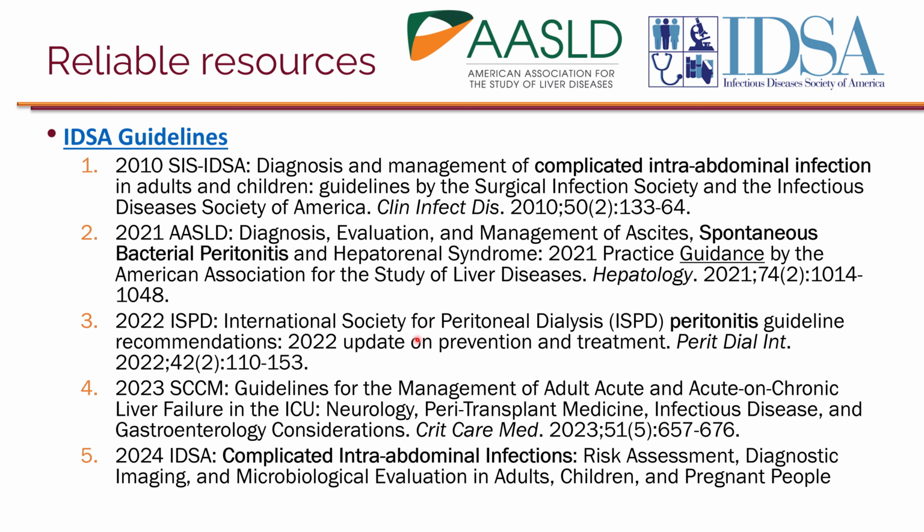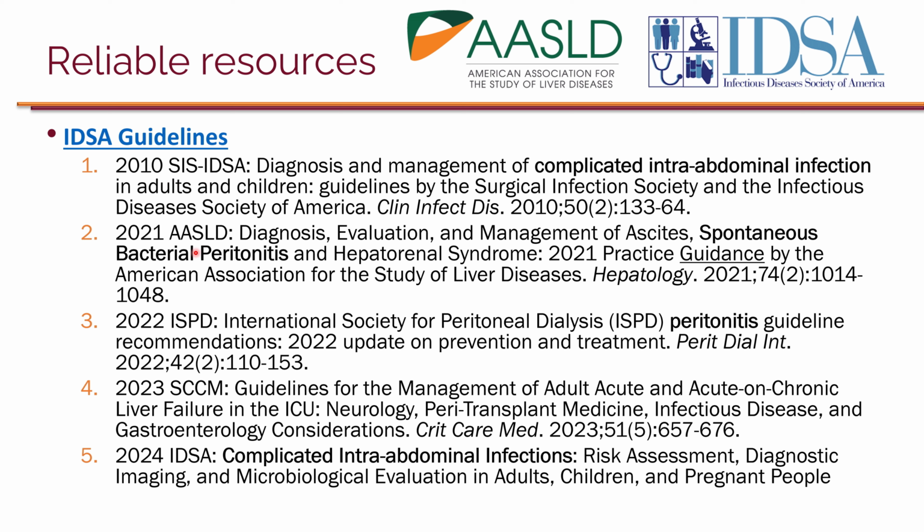Now let's take a look at some reliable resources. So IDSA guidelines for complicated intra-abdominal infections were released in 2010 that included recommendations for diagnosis as well as management. So treatment recommendations are from the 2010 guidelines.